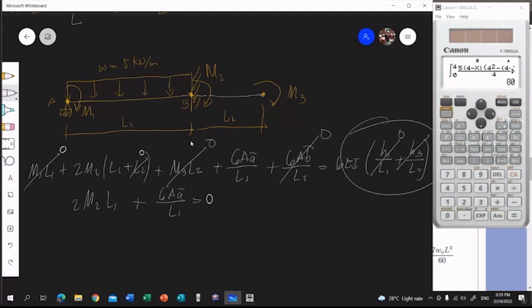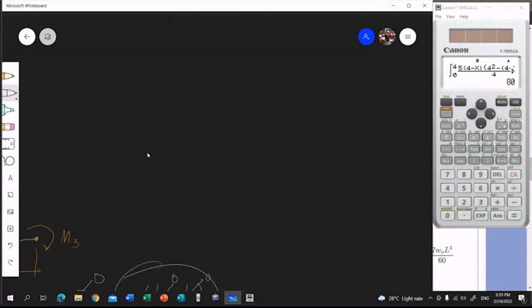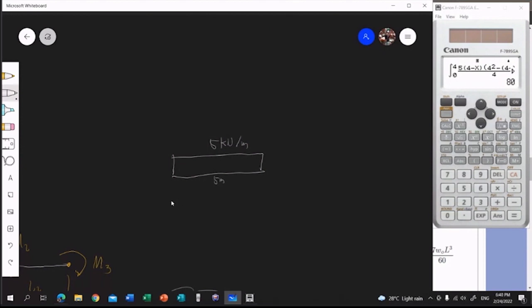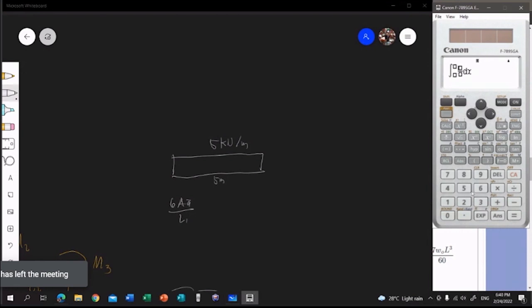Okay, I will isolate it. L1, what is its span? We haven't identified it yet. Let's say 5 meters. What's the value of 6 A_A bar over L1? Integrate: the integral of x(5 squared minus x squared) over 5 from 0 to 5.